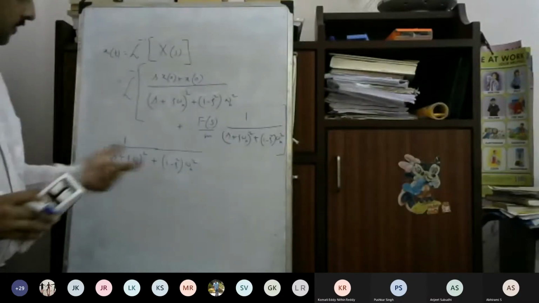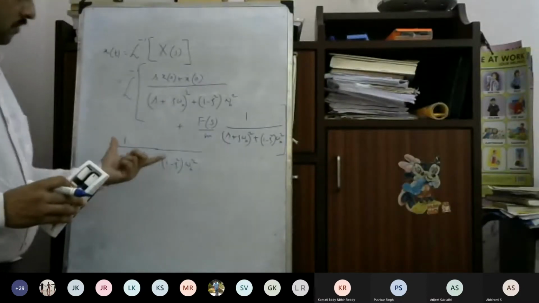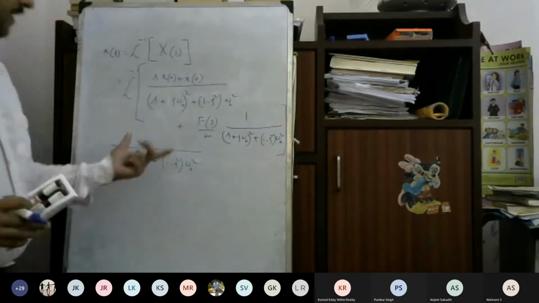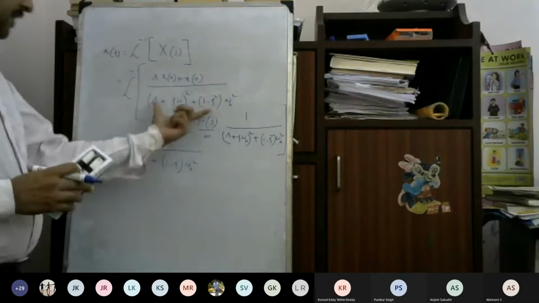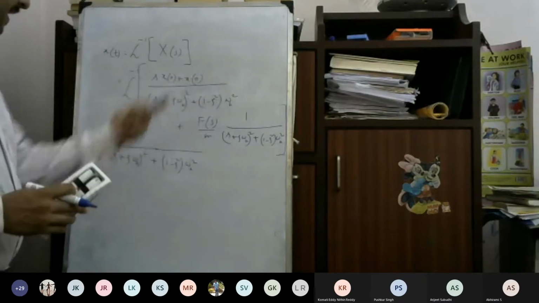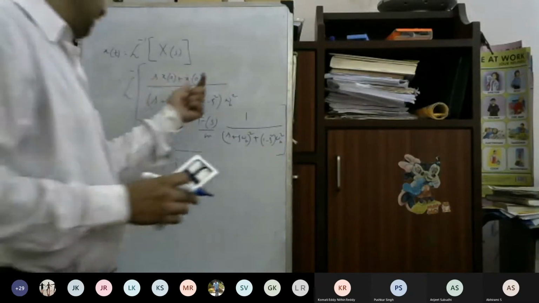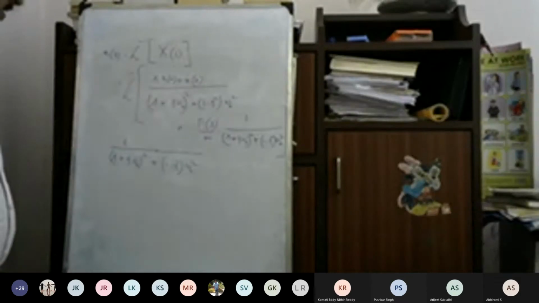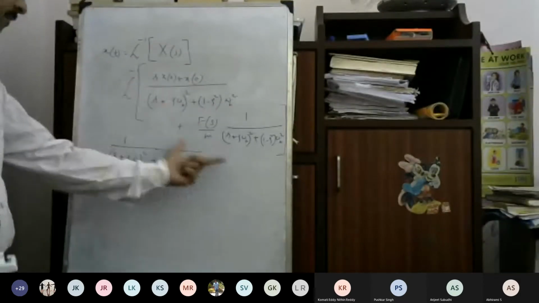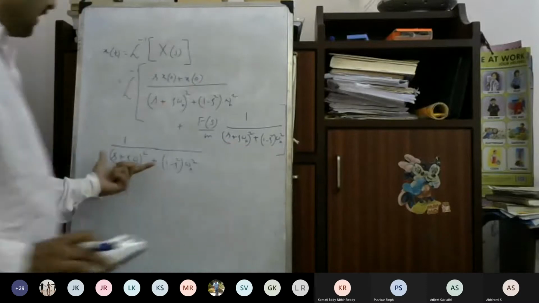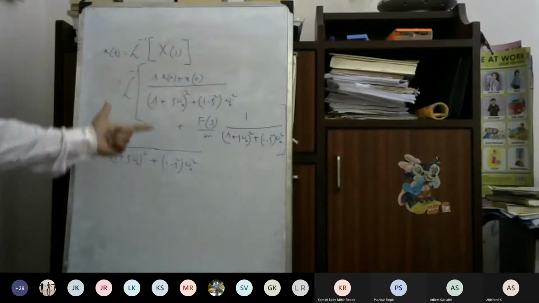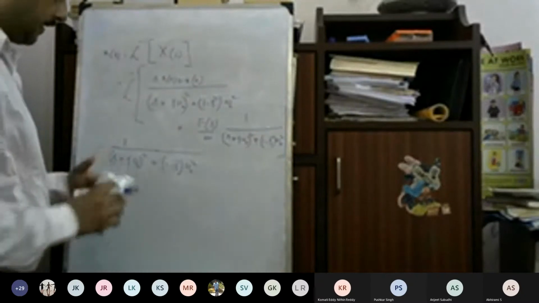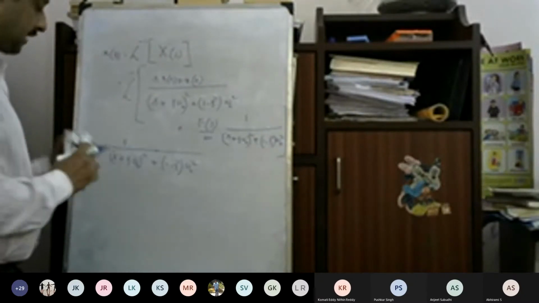Now here we have two cases. I have to find the inverse Laplace transform, and this denominator is very important. In the numerator we have x naught and x dot naught, and here also the same denominator comes. When we want to get the inverse Laplace transform of this quantity, we will have to be very careful, because there will be separate cases.